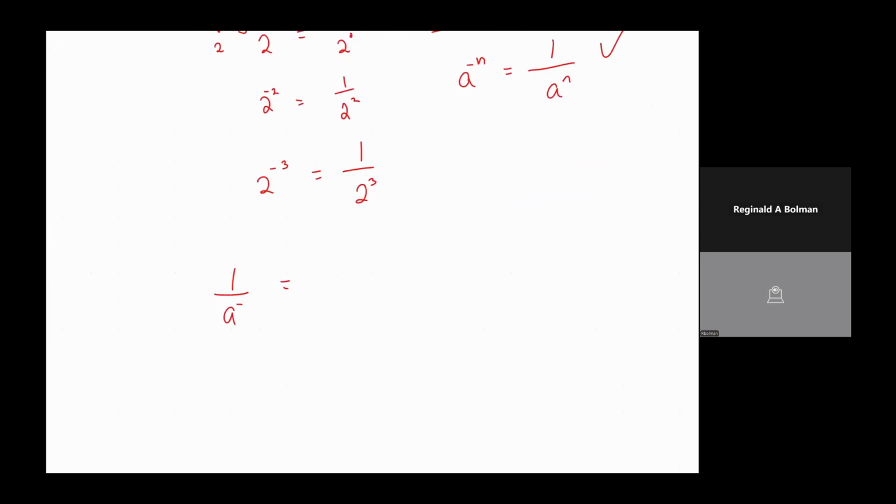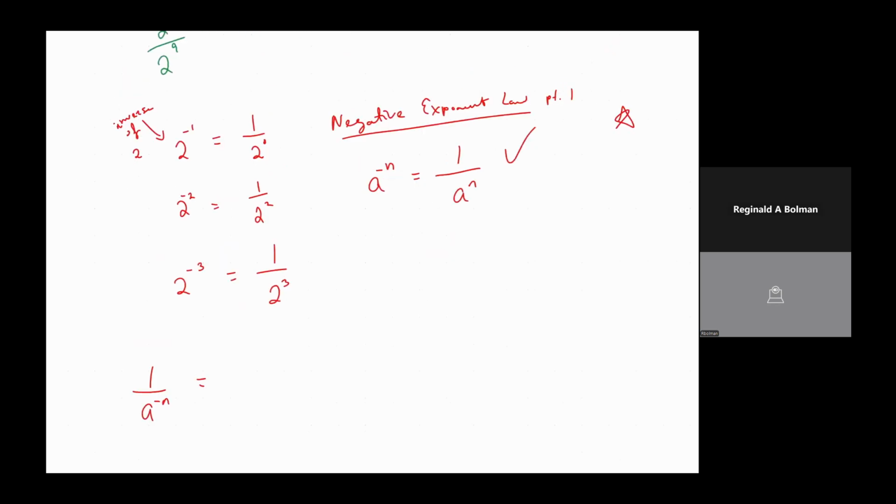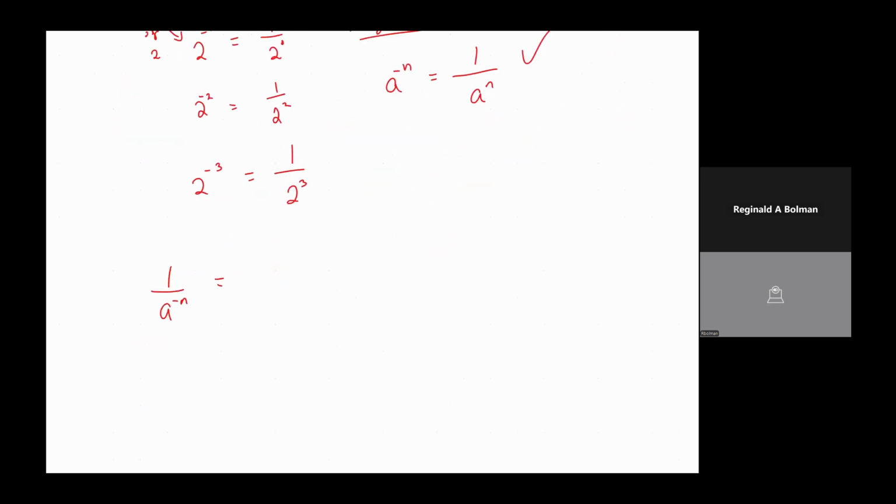Then what we know from the previous problem is that whenever you have a number raised to a negative power, it's going to be the same as taking the number, flipping it into the denominator, and raising it to a positive power. So if you have 1 over a raised to the negative n, that's going to be the same thing as, according to the negative exponent law, 1 over 1 divided by a raised to the positive n.